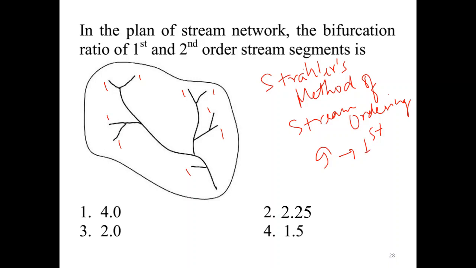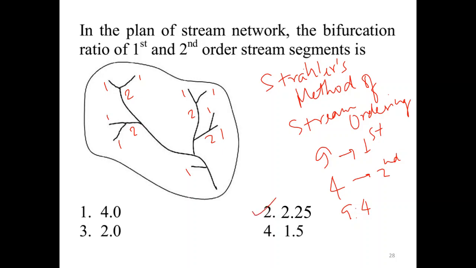When two first order streams join, we get a second order stream. So this is second order, this is second order, this is second order, this is second order. How many second order streams do we have? We have 4 second order streams. So now let us take the ratio. The ratio would be 2.25.